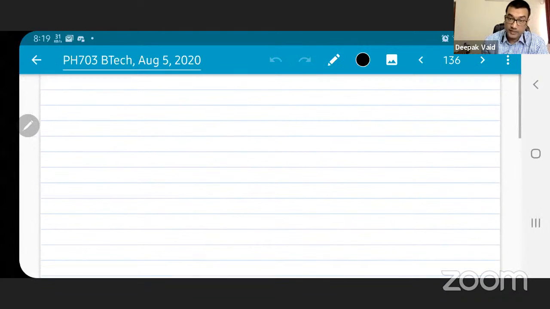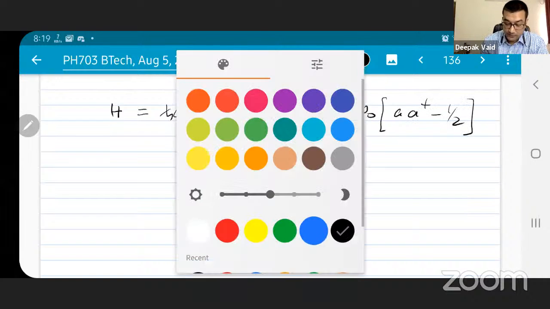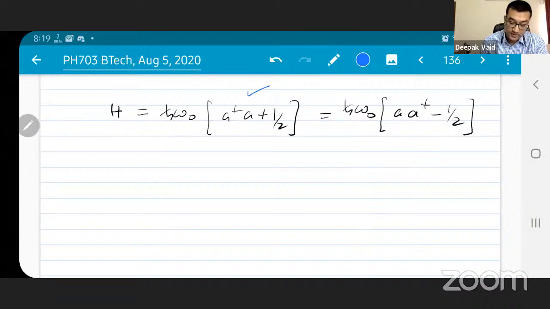Why do we choose to write the Hamiltonian like this, with a dagger a plus 1/2? We can also write it as a a dagger minus 1/2, right? So why do we choose to write it like this? Why not like that?